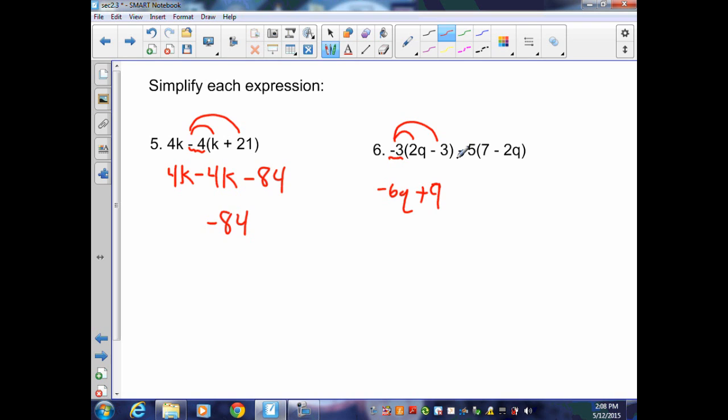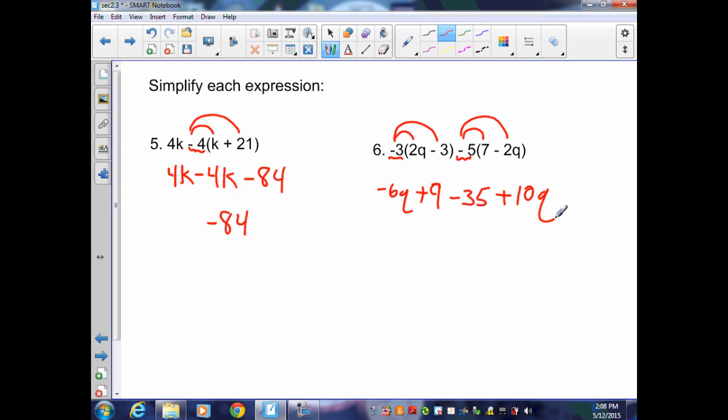And now I'm going to multiply not 5, but a negative 5. So that negative 5 times 7 is a negative 35. And a negative 5 times a negative 2, negative times a negative positive, is going to give me 10q.